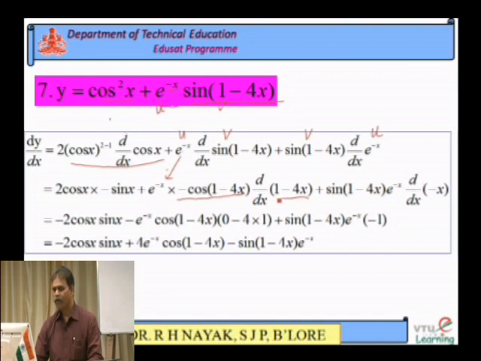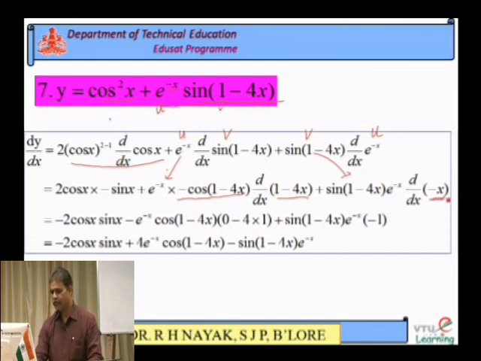What is function? 1 minus 4x plus keep v as it is, differentiate e power minus x. Differentiation of e power minus x is e power minus x into differentiation of minus x, it is function, e power function. Differentiation of e power function is e power function into d by dx of function.